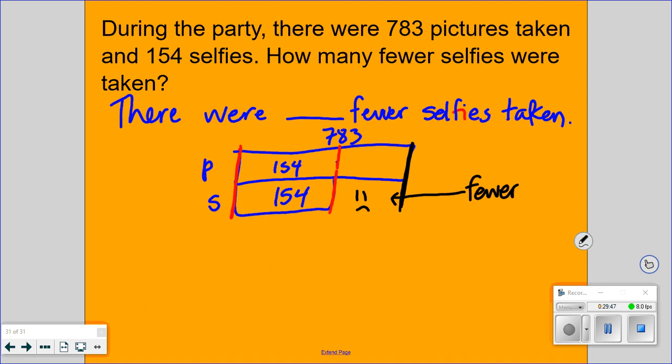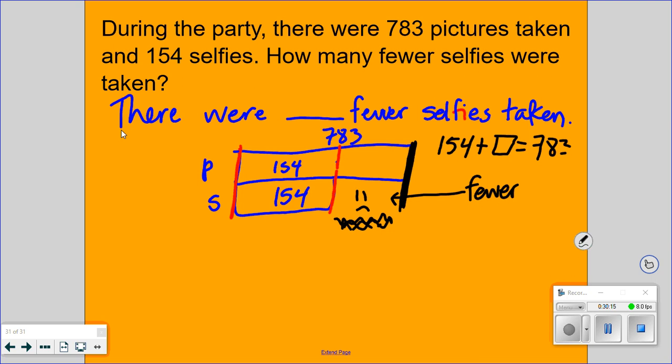Okay, Jordan's going to start right here at my selfies. 154 plus this mystery box right here equals 783, that line of equality. I could start with my selfies and count on a mystery number to get to the end total of 783. I could do that.